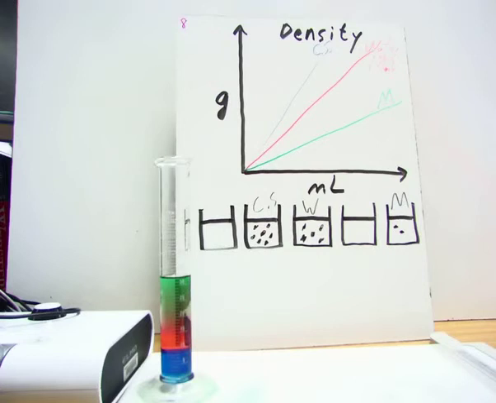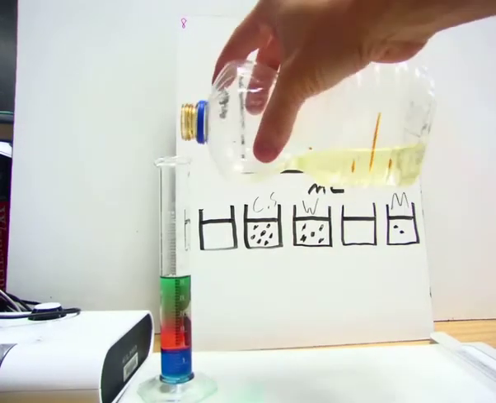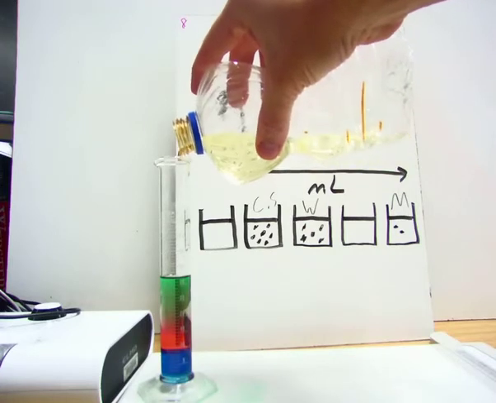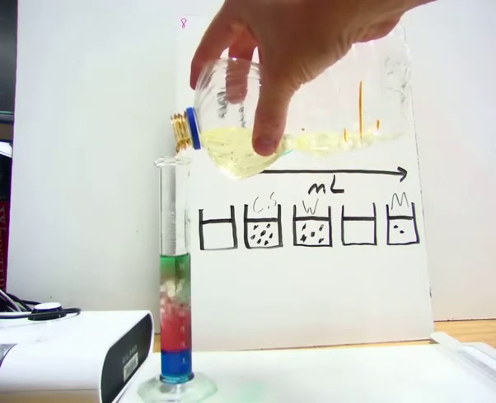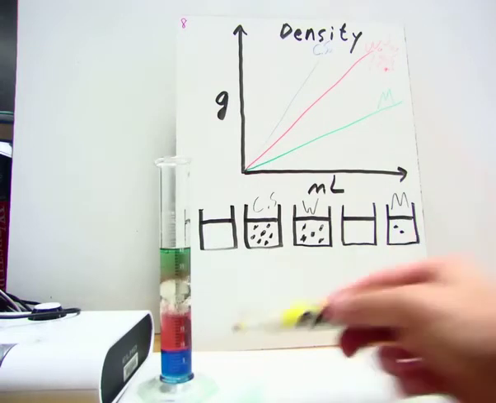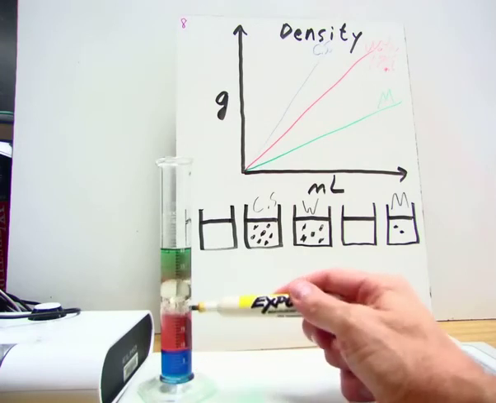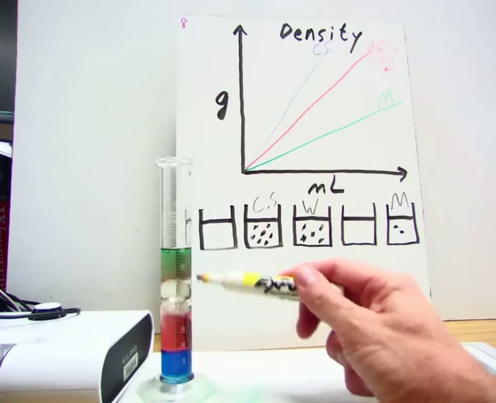I'll try another one here, just a little bit of vegetable oil. We'll pour that in and see how that works. Again, it's visually easy to understand this. The corn syrup has the greatest density, then the water, and then lighter than water is vegetable oil.